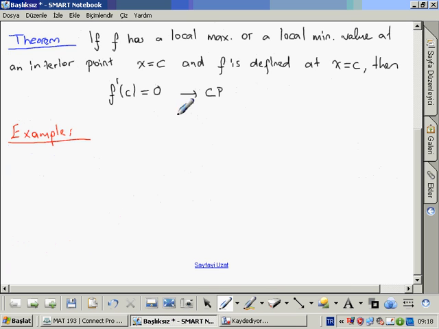If y, which is also f of x, equals x cubed over 3 minus 3x, for the closed interval minus 3 to plus 3, what can we say about this function's critical points, singular points, and also endpoints? Let me firstly define the critical points.